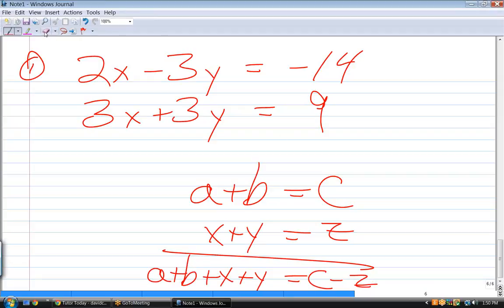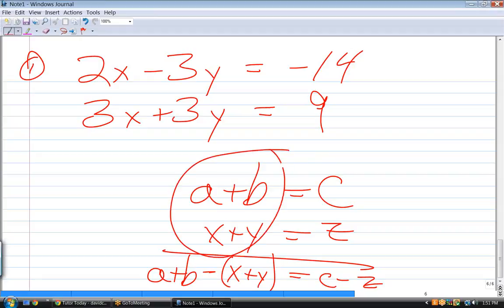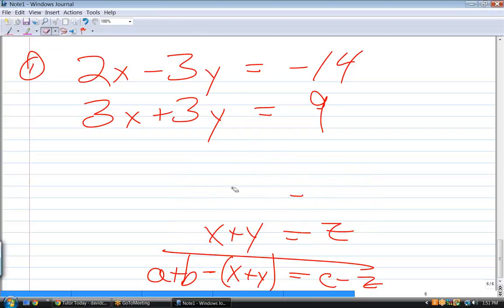I can also subtract any two equations. You can always subtract or add any two equations. In other words, add the left sides, add the right sides, or subtract the left sides, subtract the right sides.